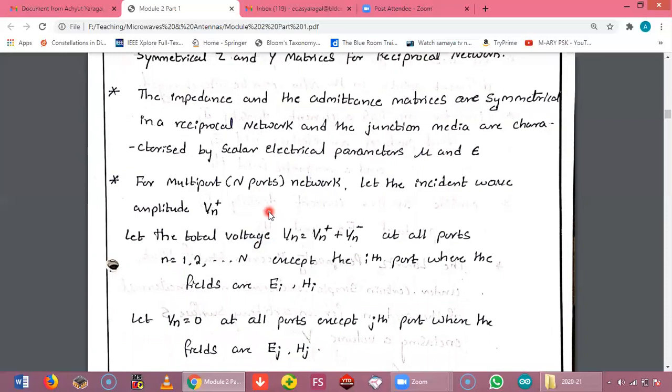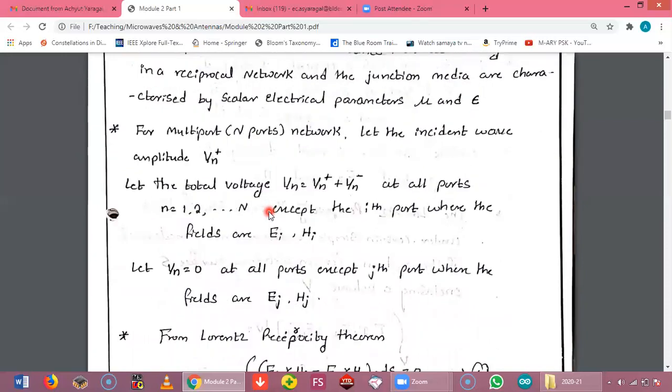Let us assume that we have an N-port network.